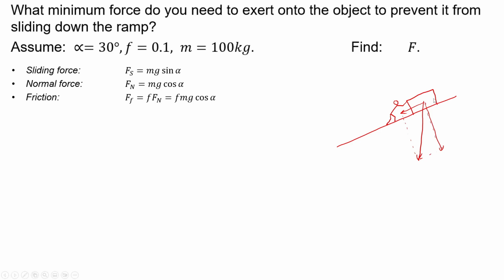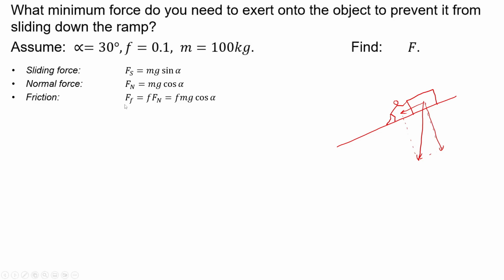We start with these three formulas: the sliding force mg sine alpha. Why is that? Check in the first presentation in the series. So sliding force is the force that tries to slide this object down. Normal force is this force. This is the pressure of the object towards the inclined plane.